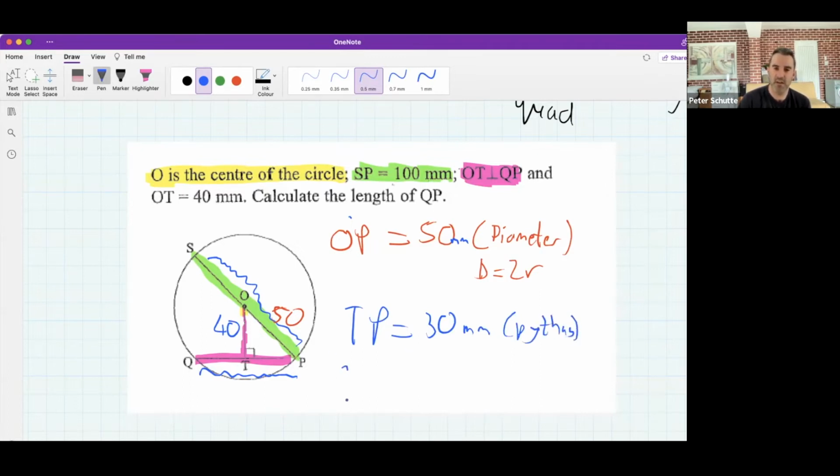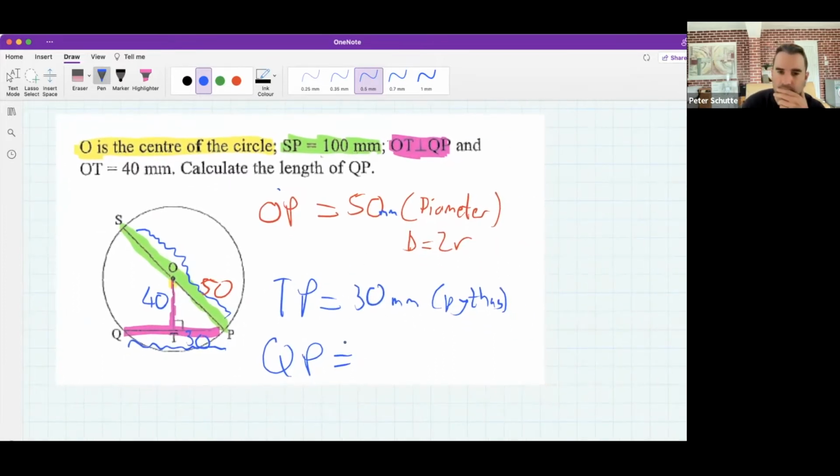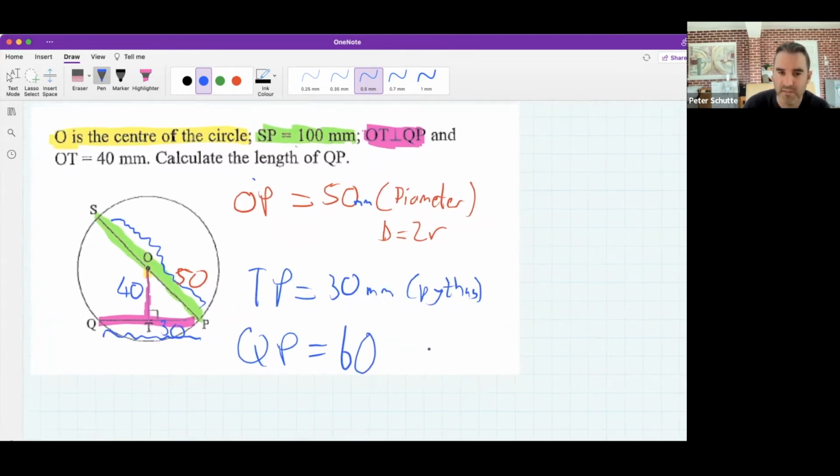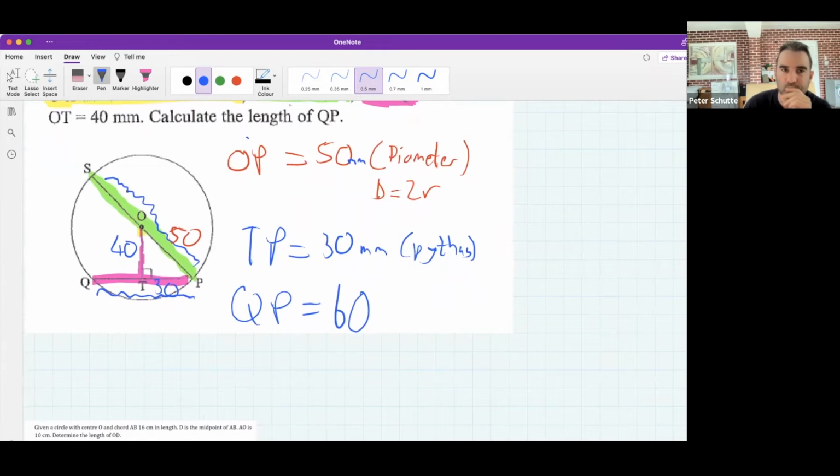And then the final step is QP. What's QP going to be then? And what's the reason we're going to need to use? So Fagelo has said QP is 60. I agree with you. What is the reason? Okay, Fagelo, what's the reason we're going to use? Hello, everyone.